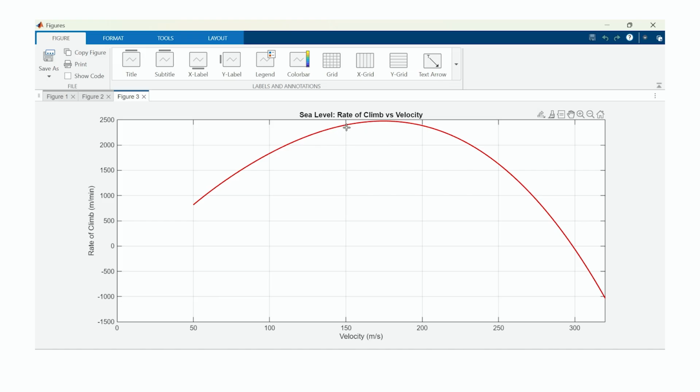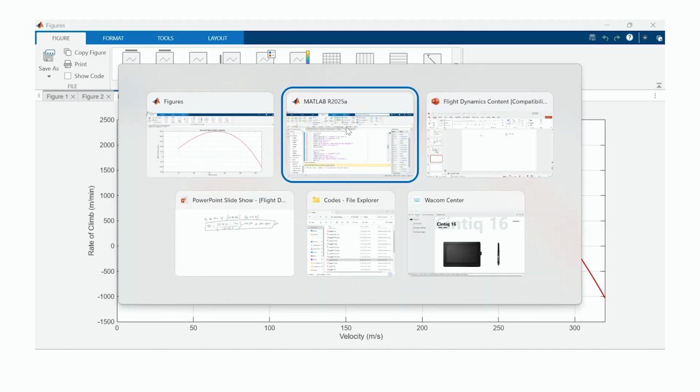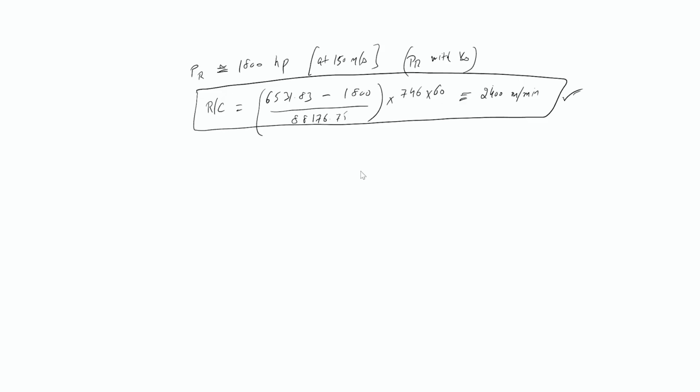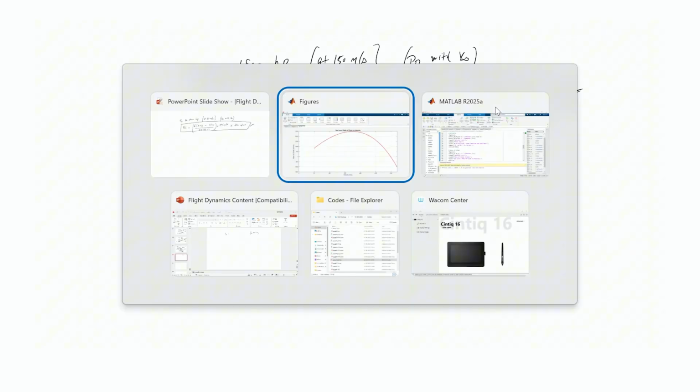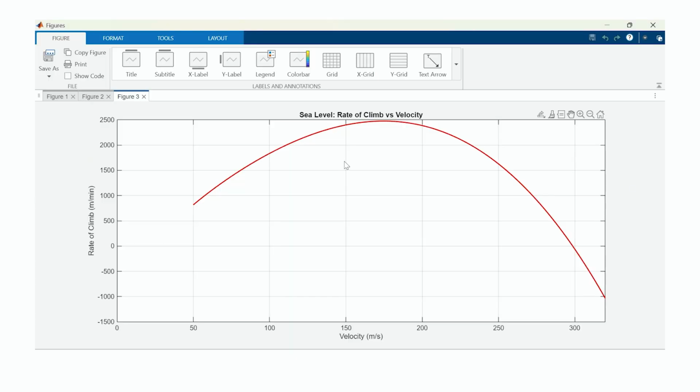Let us see how much we got over there. Yes, this is approximately 2400 meters per minute. So whatever we did there is actually making sense, and we have got approximately similar results.